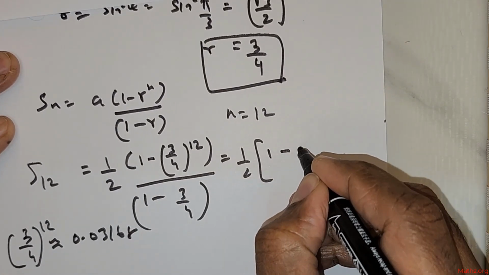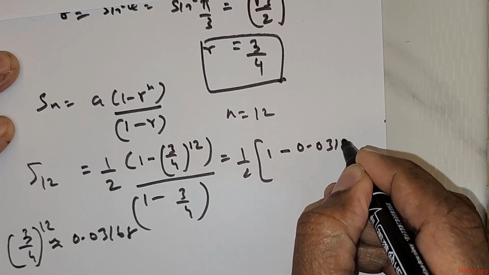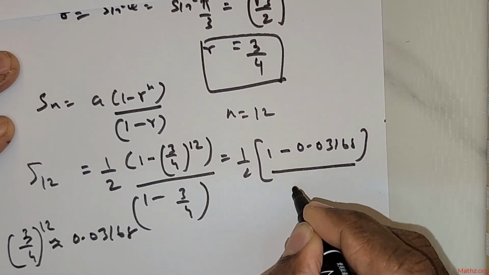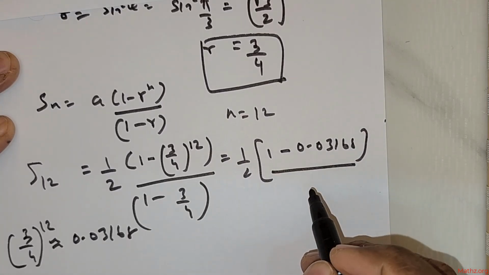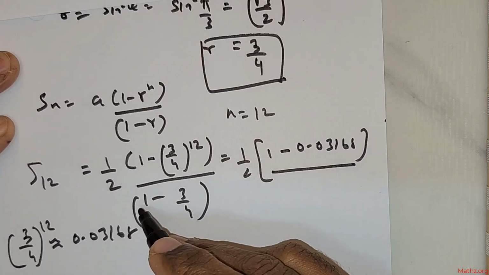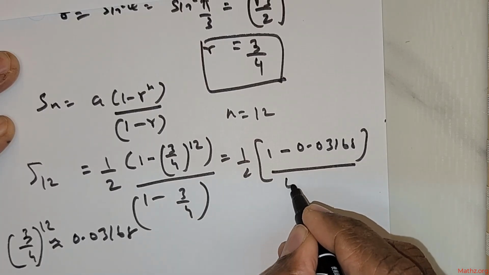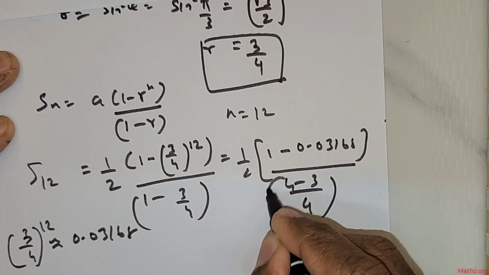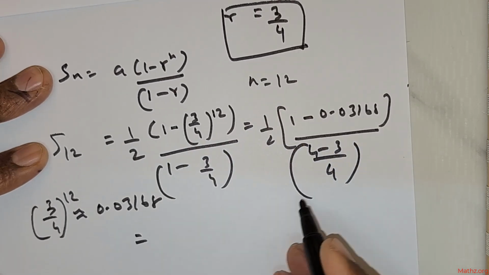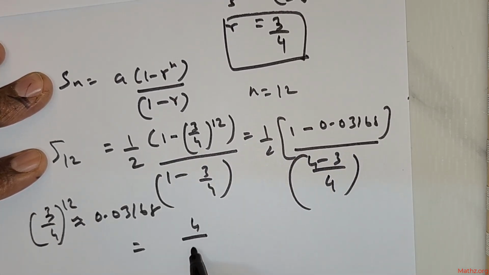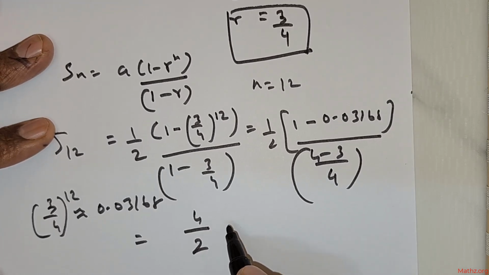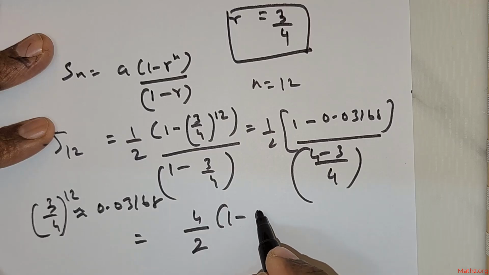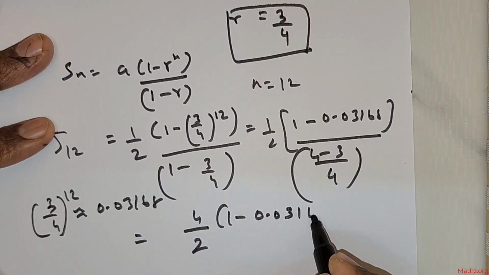You can substitute that. So 1 negative 0.03168 divided by, and you can simplify this. So this is going to be 4 negative 3 over 4. So you flip that, that would give you 4 over 2. 4 negative 3 is 1. So 4 over 2 times 1 negative 0.03168.